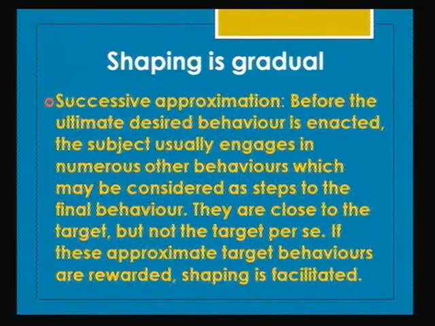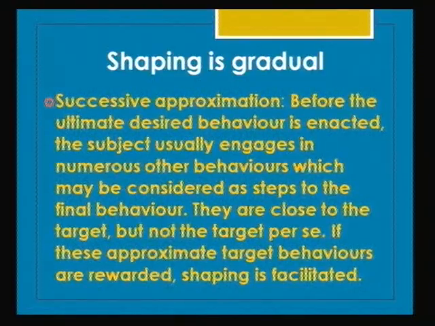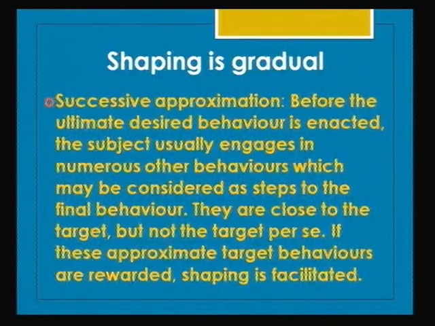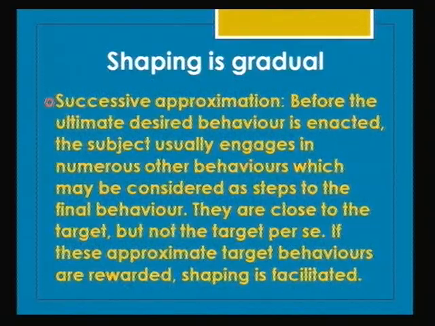In the first hour, there are probably 0 occurrences, in the second hour 2 occurrences, in the third hour 5 occurrences. And it has also been found that before the behavior is learnt completely, there are smaller steps in it. So successive approximation basically means there are certain steps that indicate that learning is taking place.